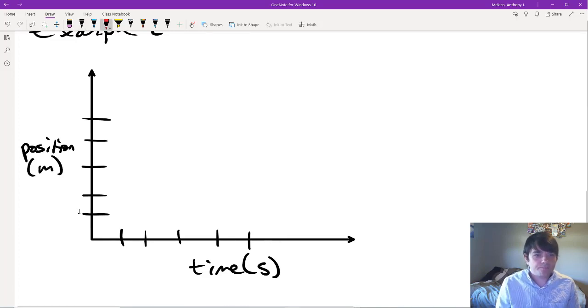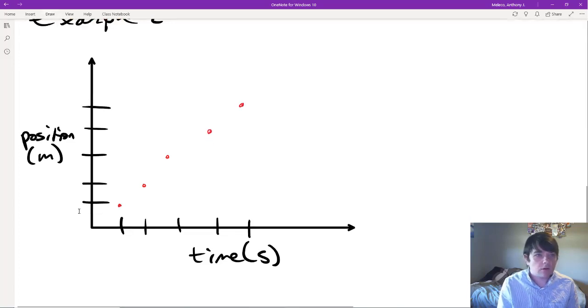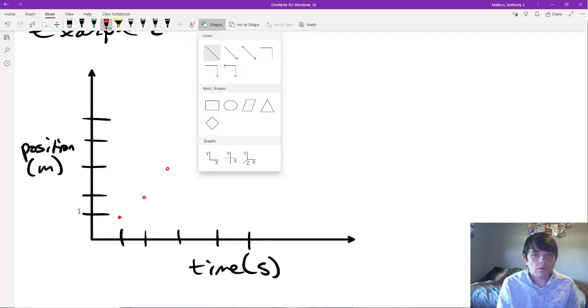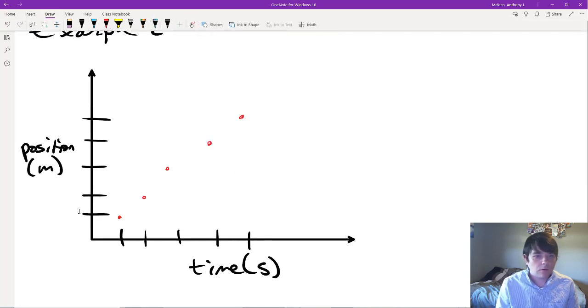We have just a straight line that goes through all of that. Ignore my terrible drawing.